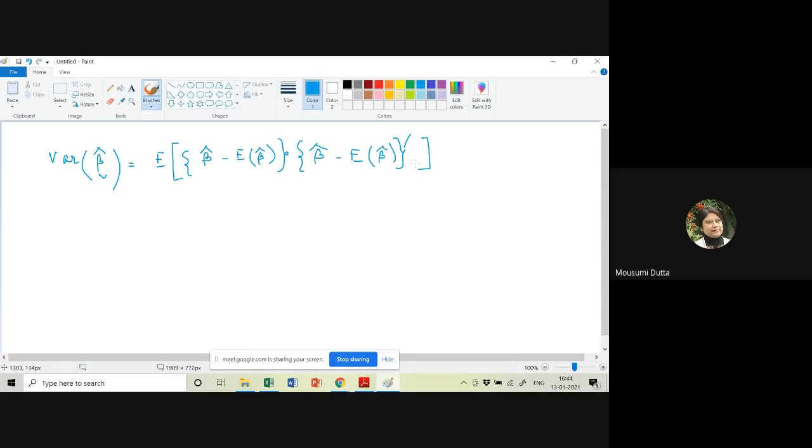What is the order of beta hat? It is of order k by 1.